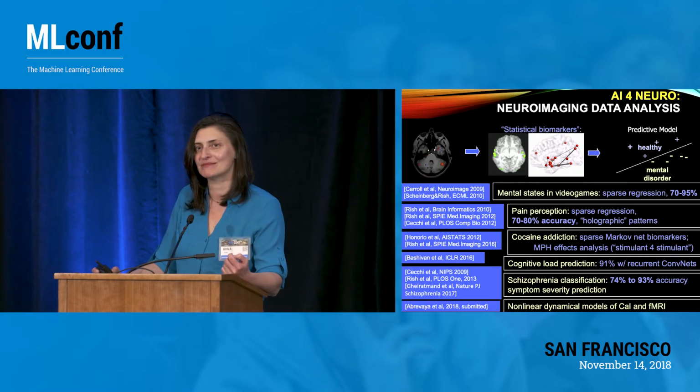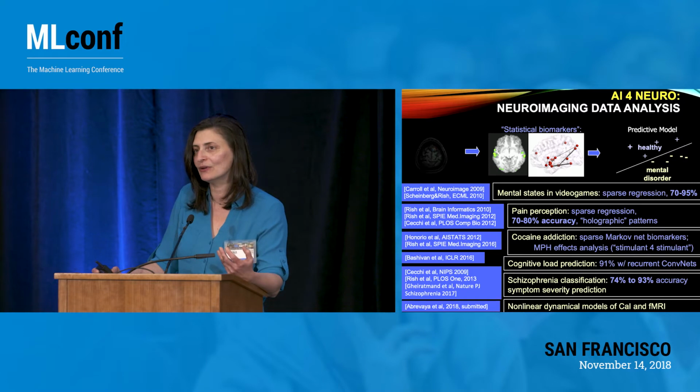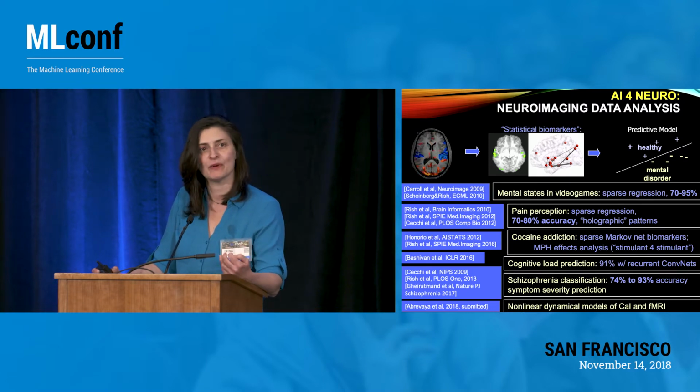What are those discriminative features that make all the difference between, say, a schizophrenic patient and a control, or what are the differences in, say, sparse Markov network properties of a cocaine addict versus a control, and so on and so forth. So this is a very high-level summary, but it's nice to see that machine learning can bring a lot to this field.